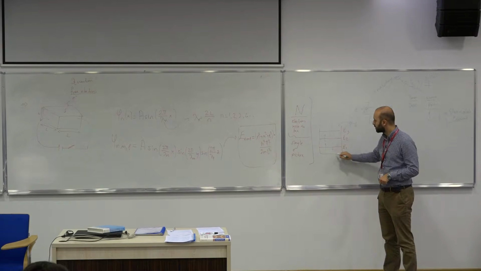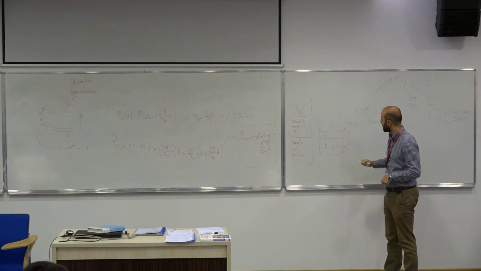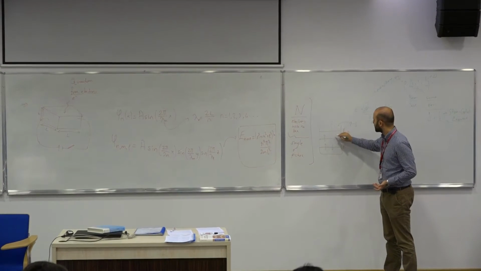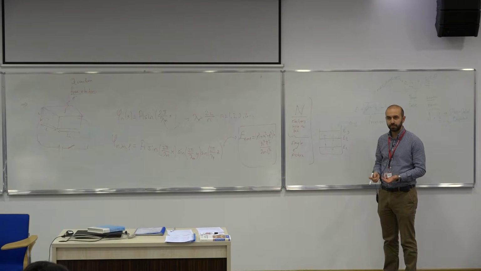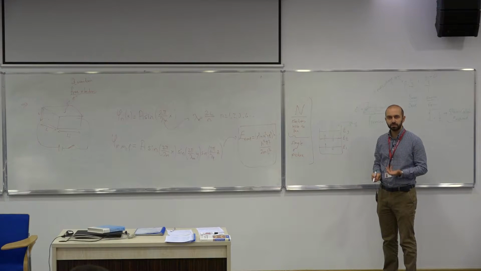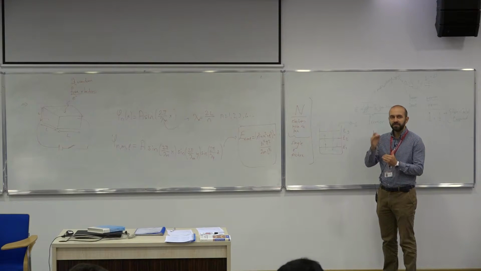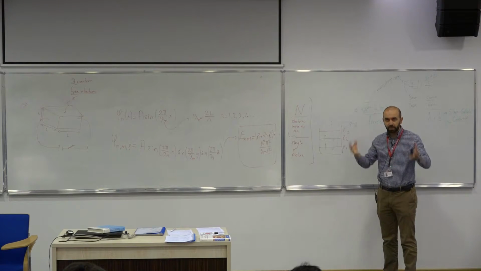So this is the only configuration that I make. Now I already have another spin up in the first excited state. Then the next thing I can place is a spin-down electron. So this spin configuration plays a critical role in how I fill up the energy states in this box.